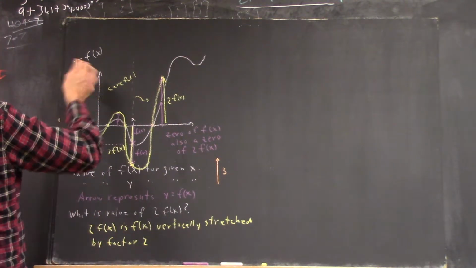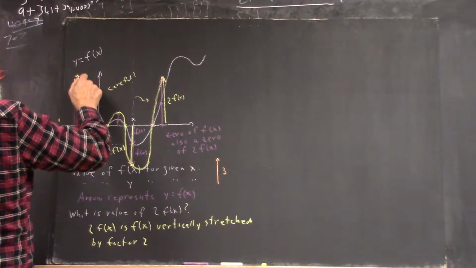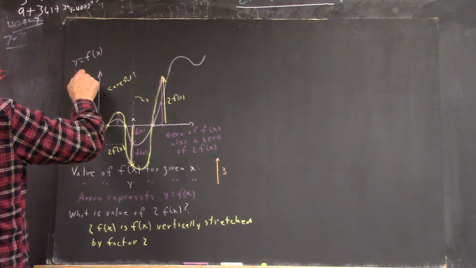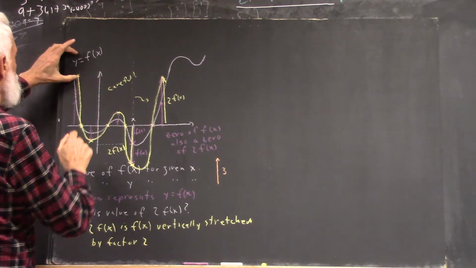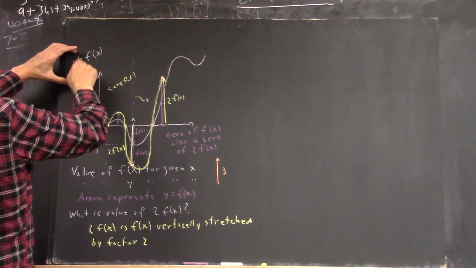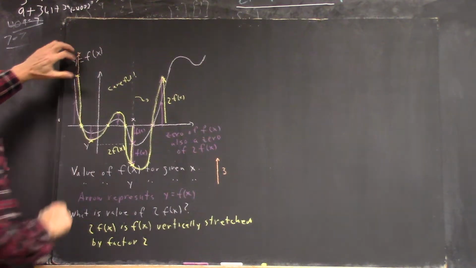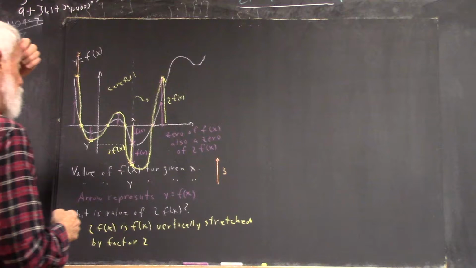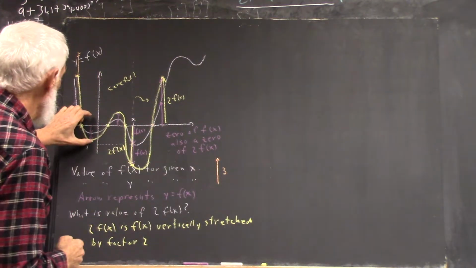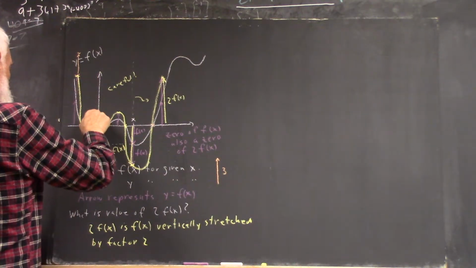I can take representative points, and let's just use some of the yellow points. It goes up here, which kind of messes up my y equals f(x), but that happens. 3 units above this low point takes me up here.